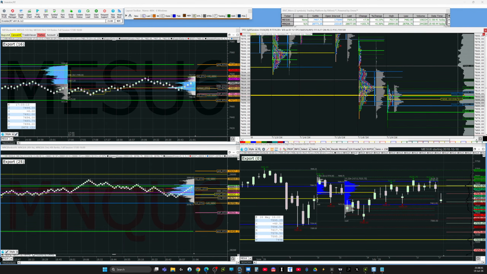And that's pretty weird. But when I look at the market profile, we got all this. Well, that might be what it boils down to. This is market profile. These are the TPOs. This is the volume profile.